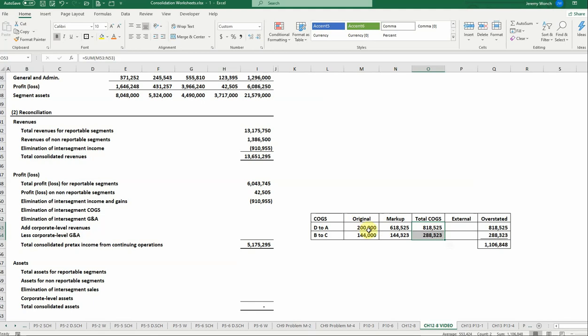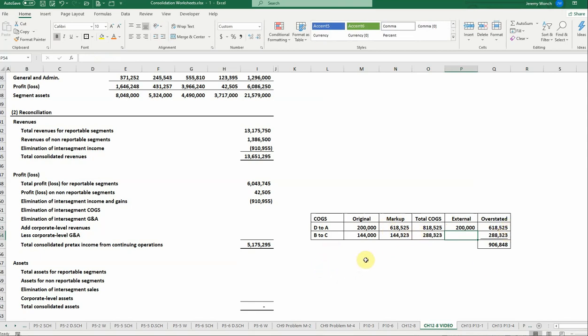So this was the original amount, this was the marked up amount. That means what we really only want is this 200,000, because that's what was actually sold to external parties, and that was the original amount. That means we're overstated by the 618,000.